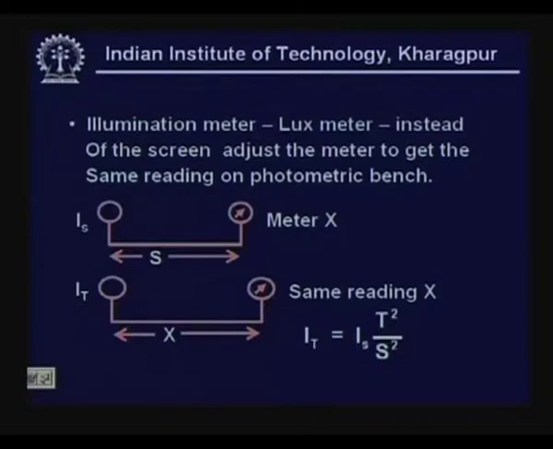Then going by the inverse square law of illumination, one gets the luminous intensity of the test lamp in terms of the standard lamp. This is a second way.